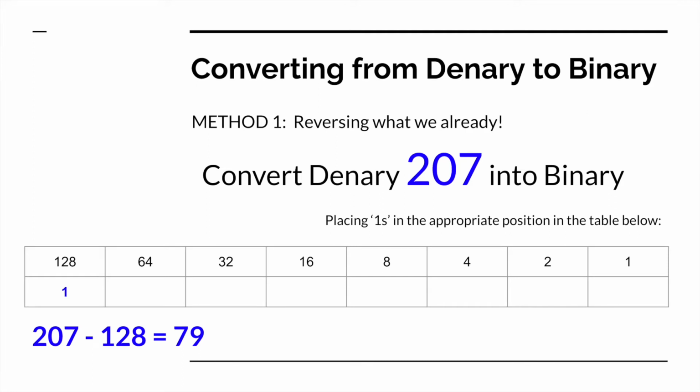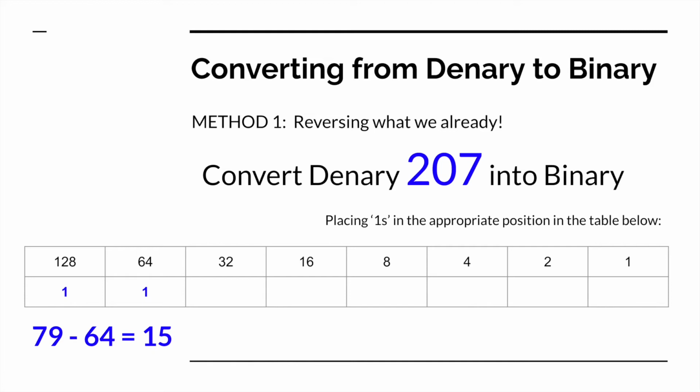So 207 take away 128 would leave us 79, a remainder of 79. So carrying on, I would put another 1 in the 64 column. So now I've got one lot of 128, one lot of 64, which would leave me a total of 15 left.